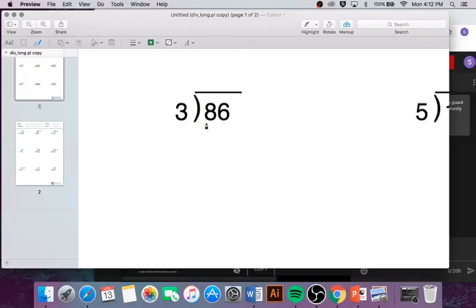So the first thing we're going to do is see how many times 3 goes into 8. The closest we can get to 8 without going over is 3 times 2. 3 times 2 is 6. So we're going to put our 6 down here. And then we're going to subtract. 8 minus 6 is 2.